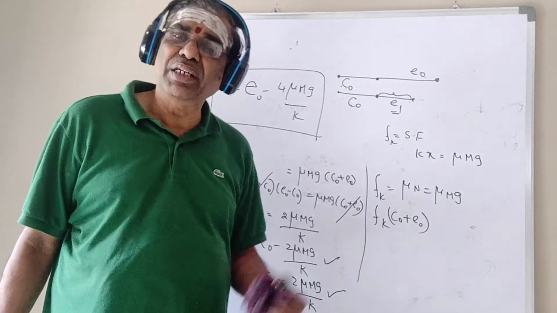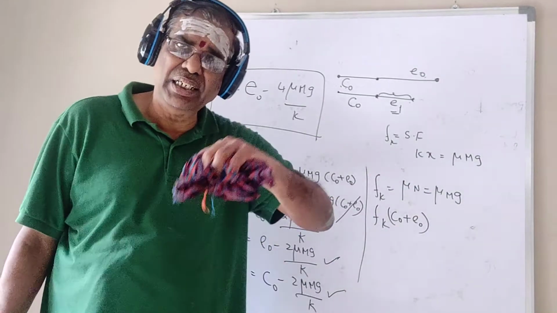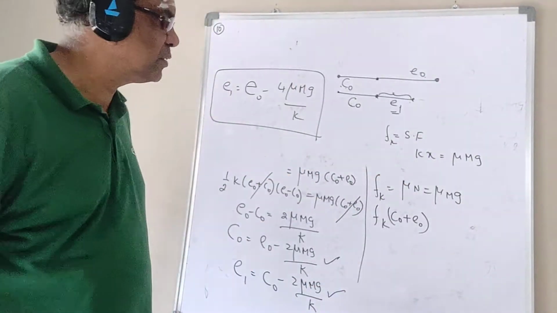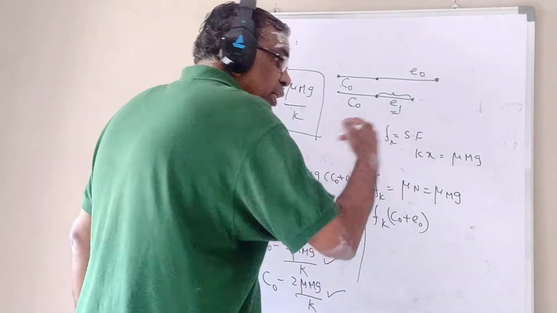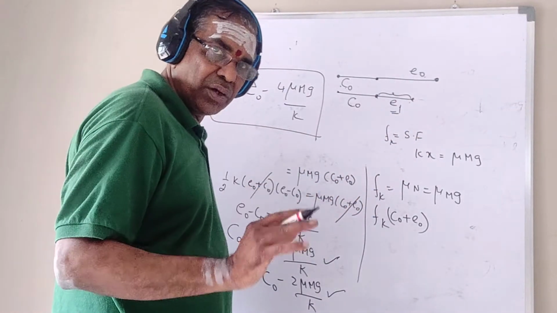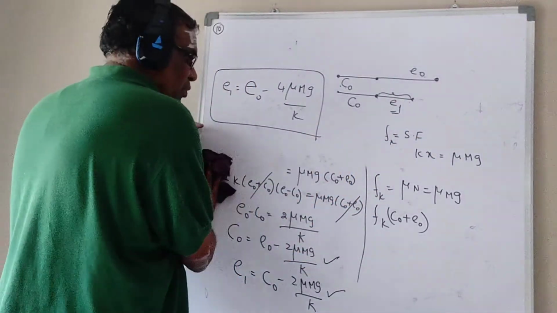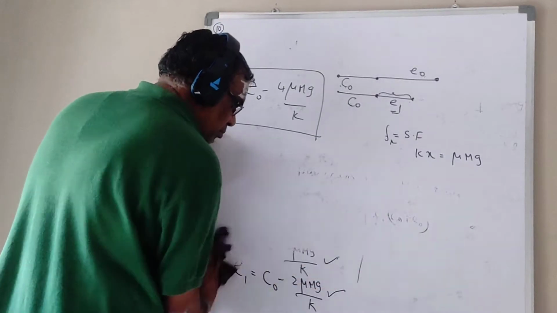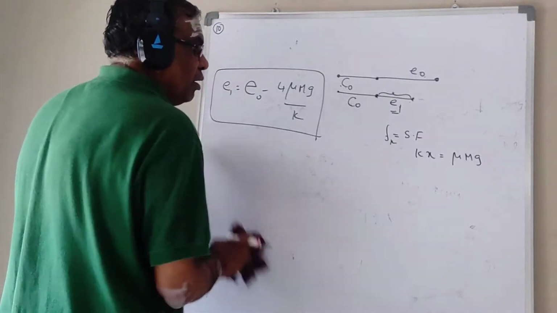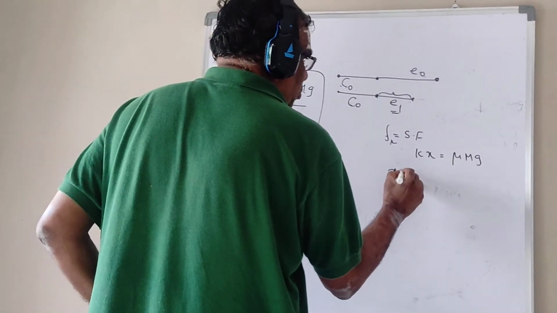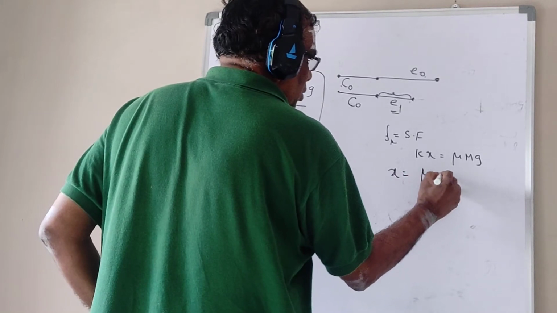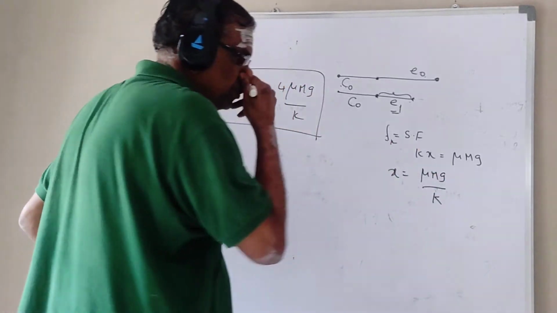That x can be E or C, it makes no difference to us. Till this point, it keeps on moving. When will it stop? When x is equal to mu mg by k.